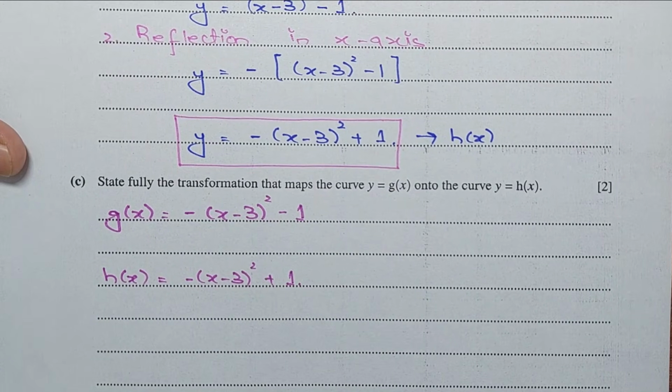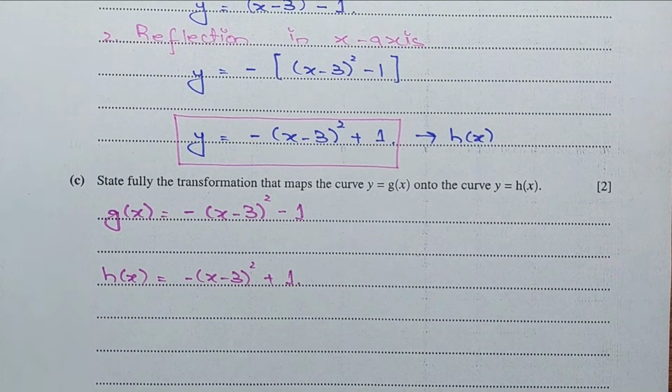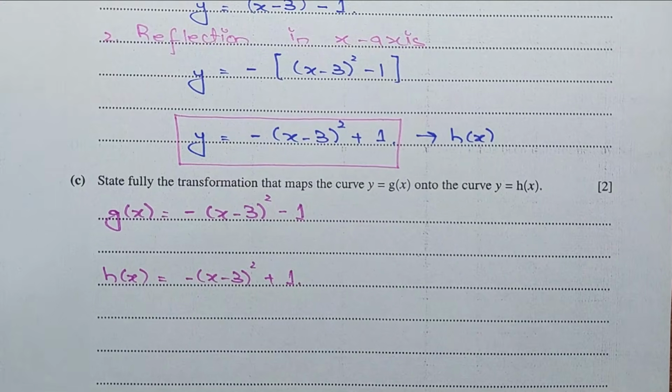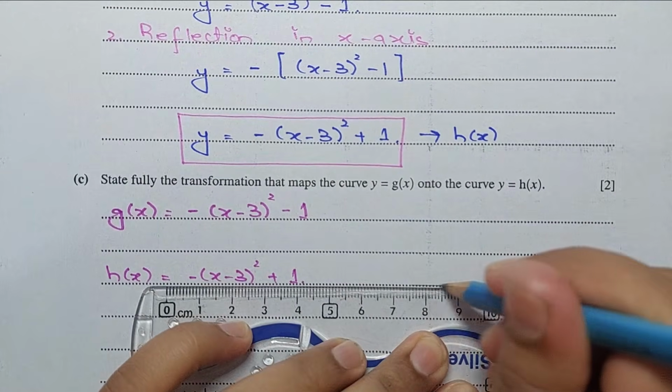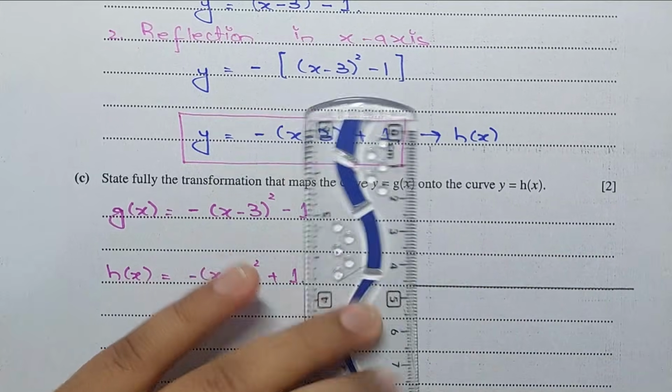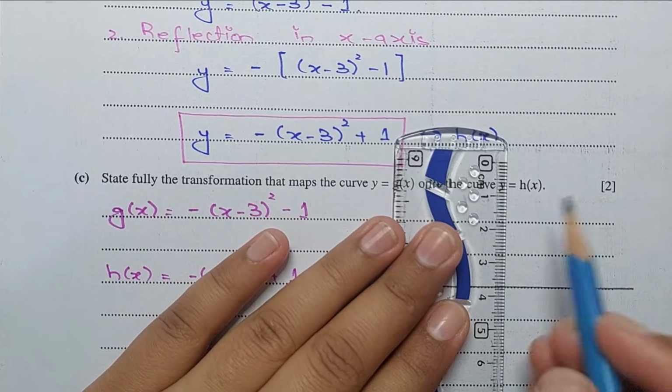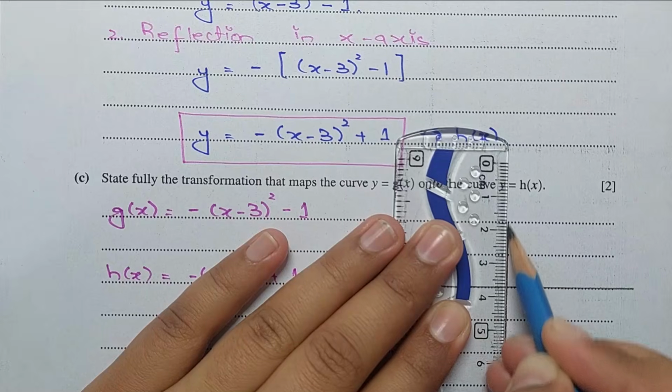Okay. Now let me plot both of them, right? Let me graph both equations, and then we can check which transformation we have to apply on g of x to get h of x.